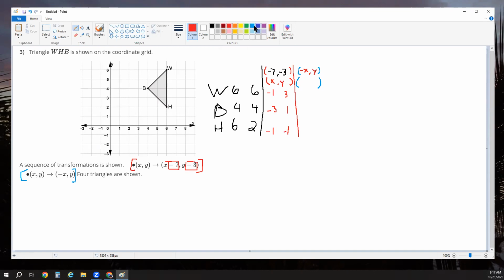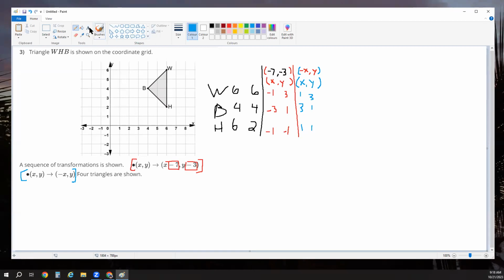Let me put my blue in there for my new X, Y. My new X is going to be the opposite of my old X terms, so it's going to be 1, 3, and 1. My Y's are going to be the same as my old Y's: 3, 1, and 1.